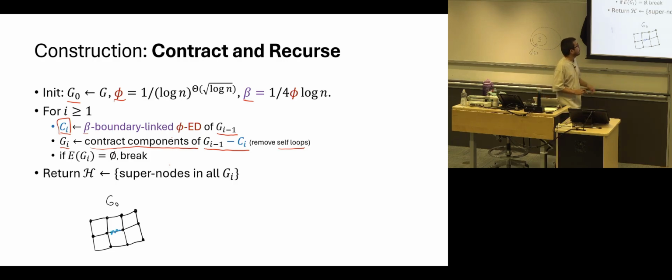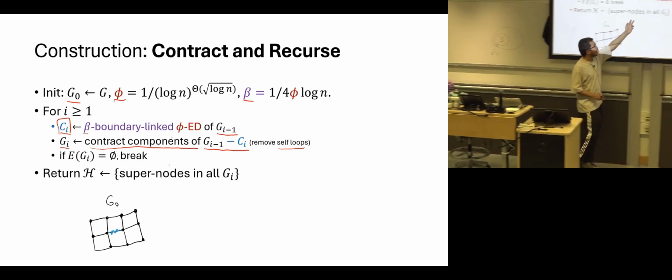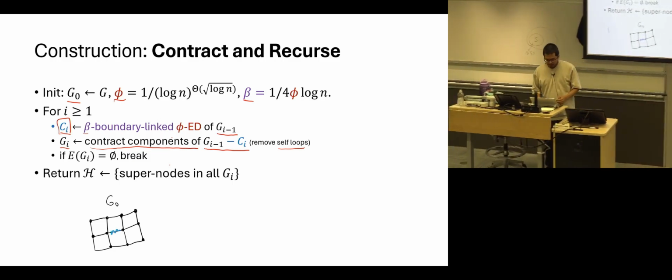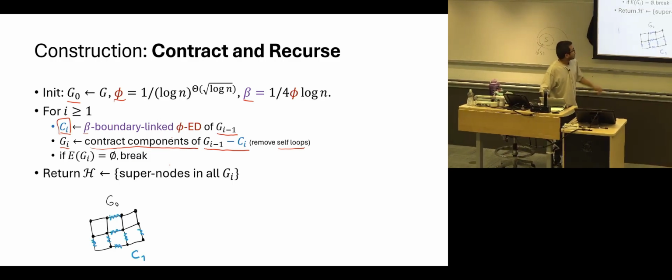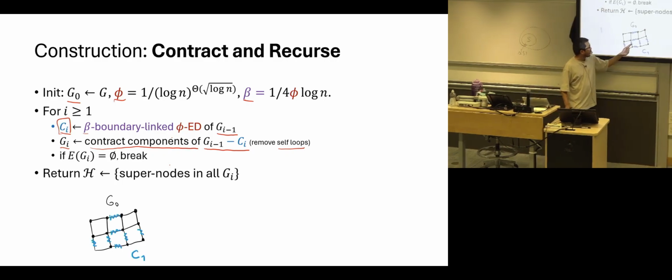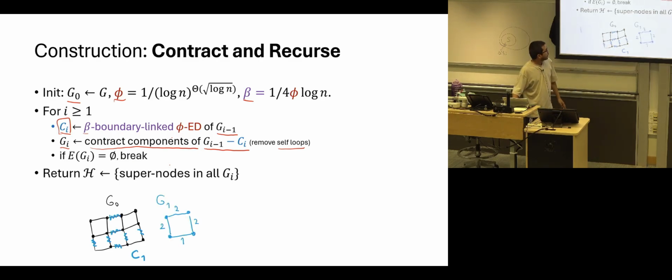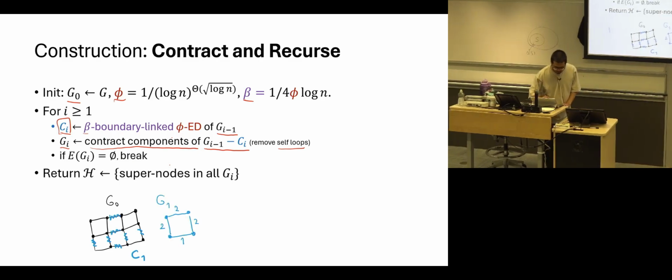Okay, that's it. Now the hierarchy will be just the supernodes on all of the G_i. So maybe I can give you a picture. Suppose that I start with G_0 like this, and then I get a cut. Maybe I cut it in this way. So now when I contract each component, there are 4 components here, so I just contract them.